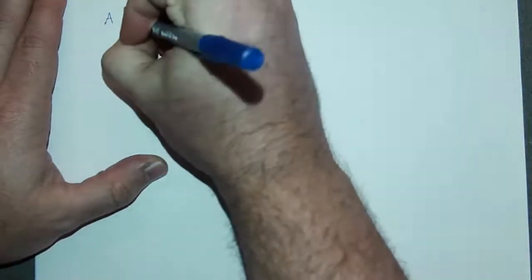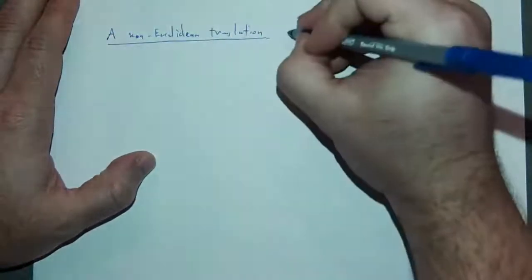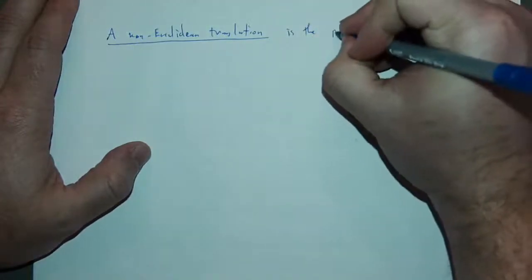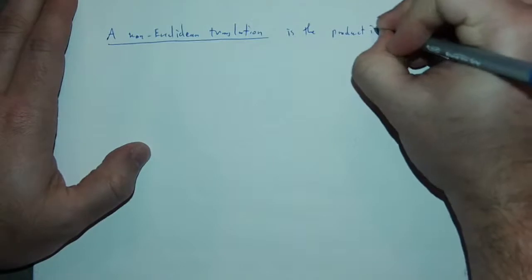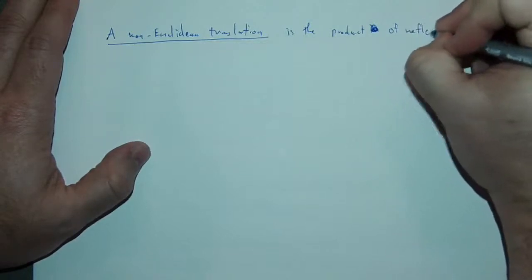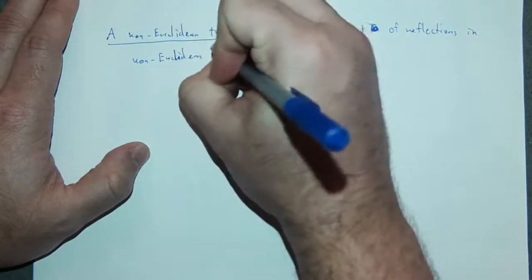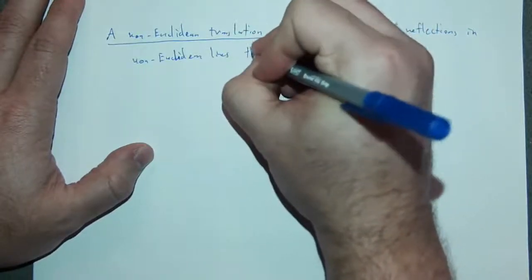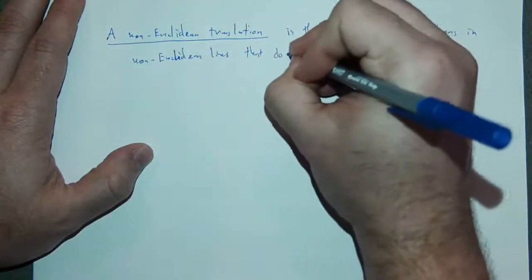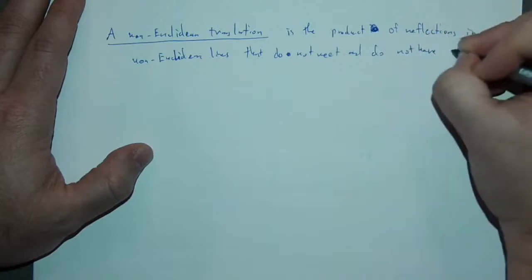So a non-Euclidean translation is the product of reflections in non-Euclidean lines that do not meet and do not have a common end.